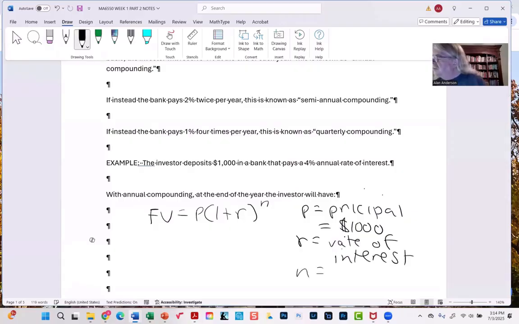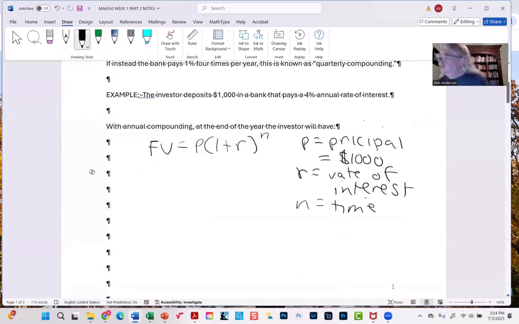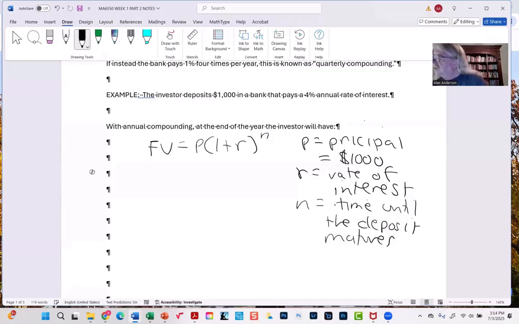N is the time until the maturity of the deposit, meaning that if you mean to leave the money there for a year, then N is 1. And of course, FV is the future value.